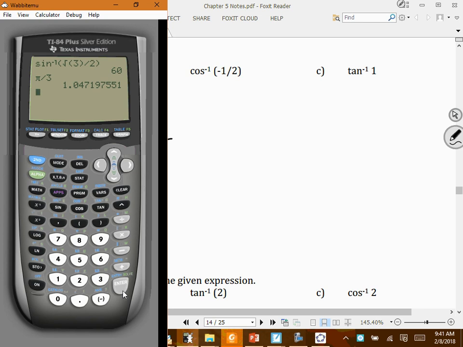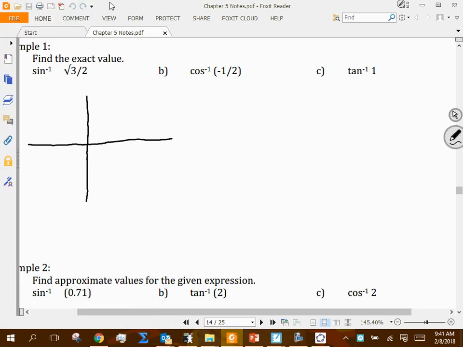All right, let's talk about what it actually means to us in the coordinate plane. Whenever we're doing the inverse, sine inverse, or even if they use the word arc sine, or tan inverse, arc tan, cosine inverse, or arc cosine, this here is a ratio.